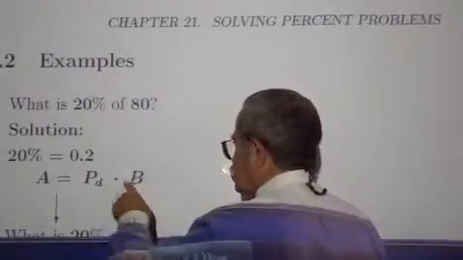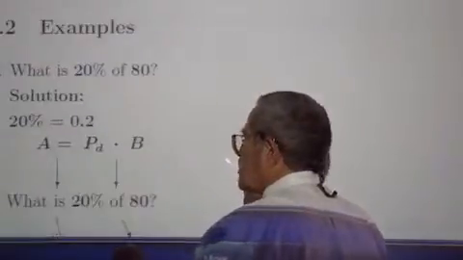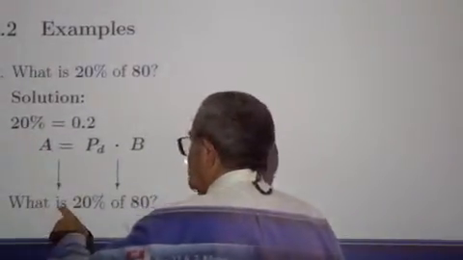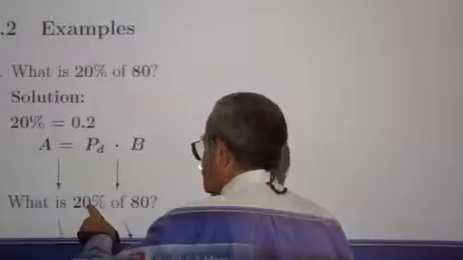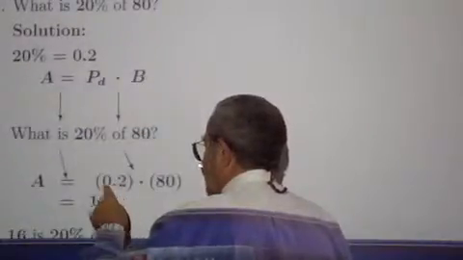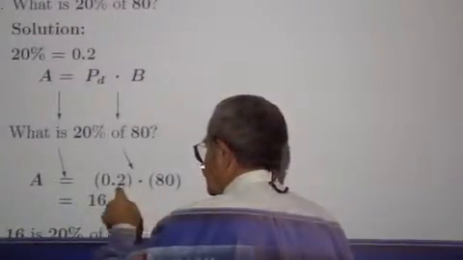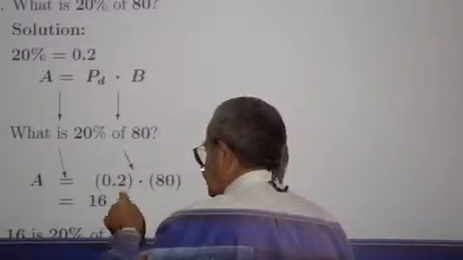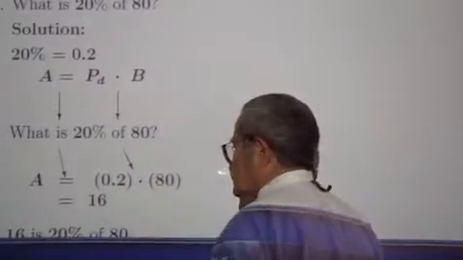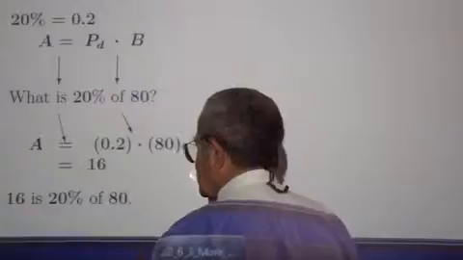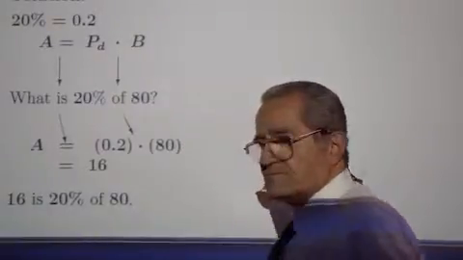Amount is percent as a decimal of base. Amount is not given, is, so equals 0.2 times 80. A is 0.2 times 80. 2 times 80 is 160. Backtrack one decimal place, you get 16. So 16 is 20% of 80.